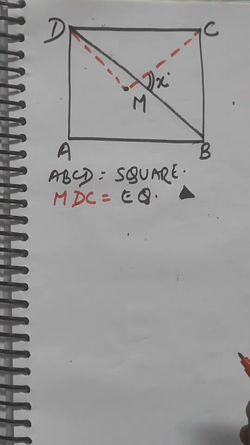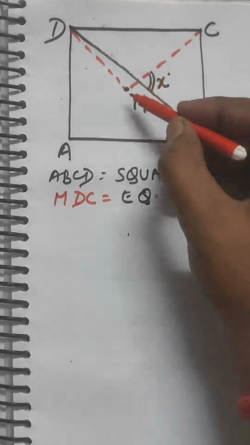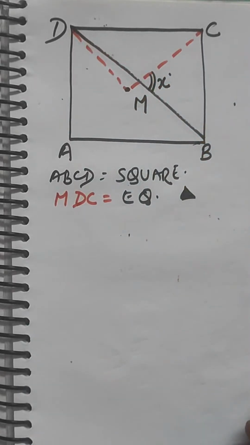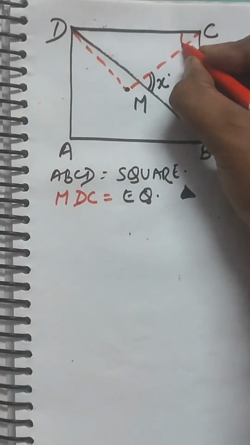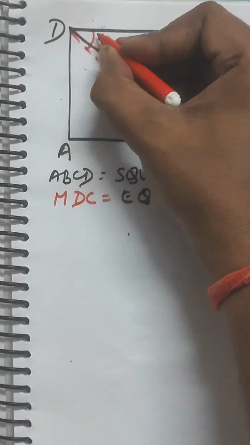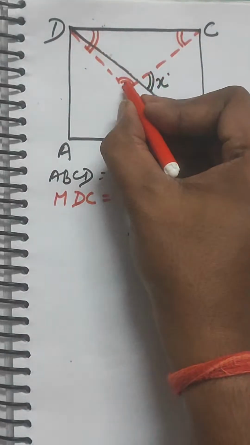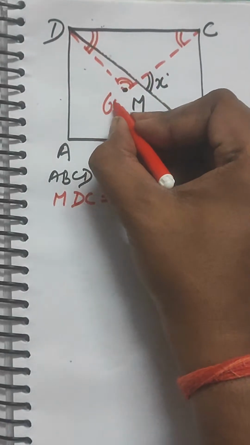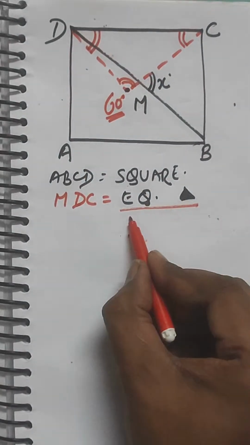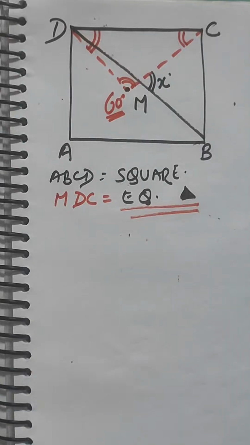Students, in this question you can see MCD is an equilateral triangle, right? So all of these angles will be equal, and the measure of each will be 60 degrees, because in any equilateral triangle all the angles are always equal.